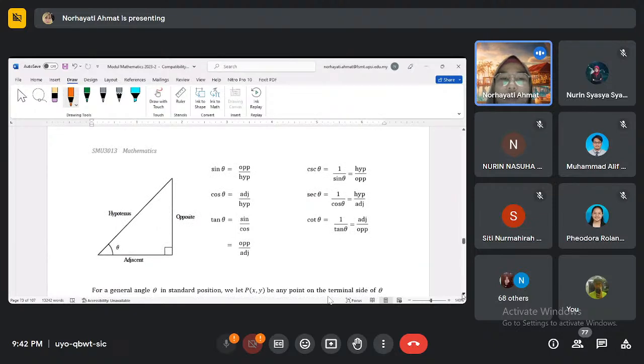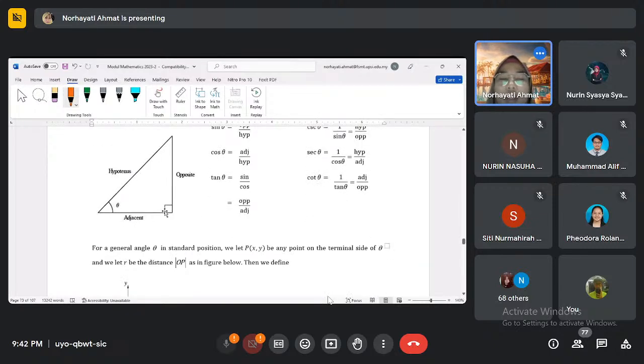Okay, we have a right angle triangle. As you know, the side that is opposite to the right angle we call as hypotenuse. This is the longest side. Sisi yang paling panjang, hypotenuse. Beside this angle we call as adjacent.